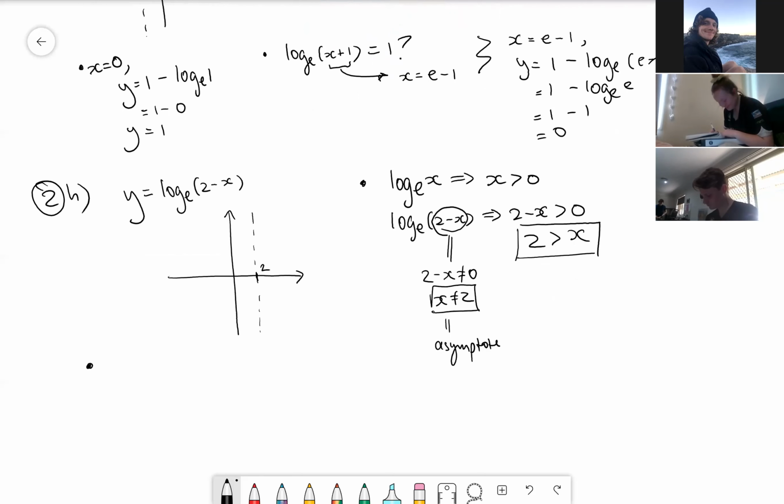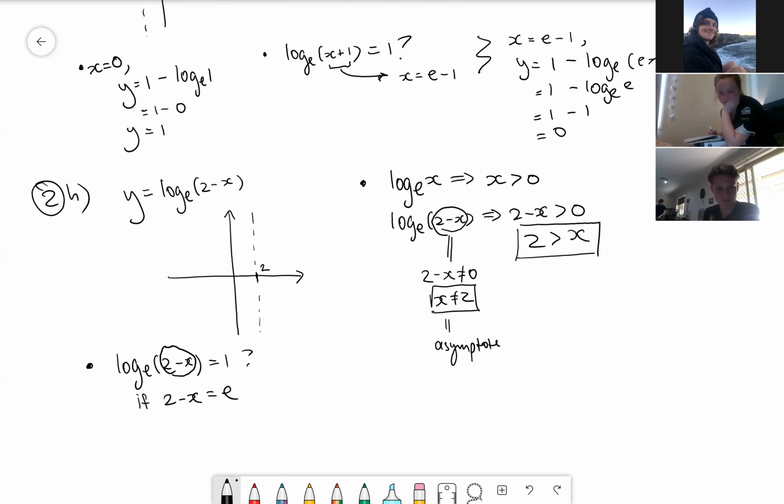What about when would log e to the x equal log e to 2 minus x, when would that equal to 1? Well, what does this need to equal as a whole? E. Yeah.